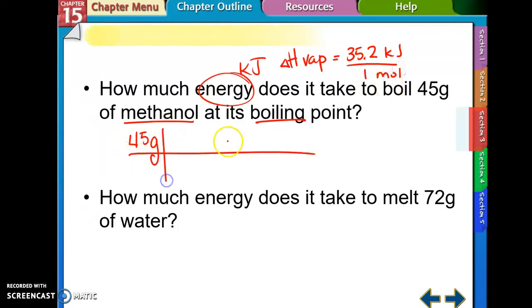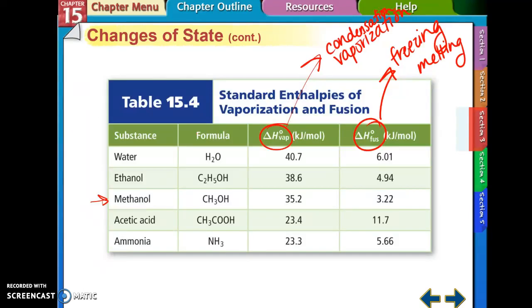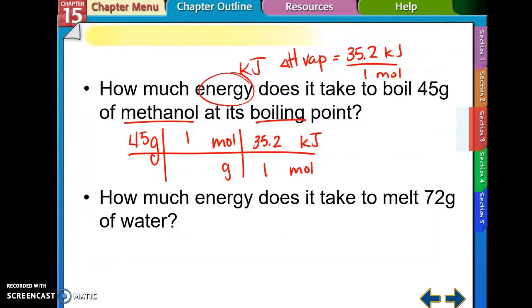And I'm going to go from grams to moles, and then moles to kilojoules, 35.2 over 1 mole. And then 1 mole over grams. I'm going to go back here and look. My formula for methanol is CH3OH. So the molar mass is 32.05 that I calculated from the periodic table. So I'm going to do 45 times 35.2 divided by 32.05. And I'm going to get 49.42 kilojoules.